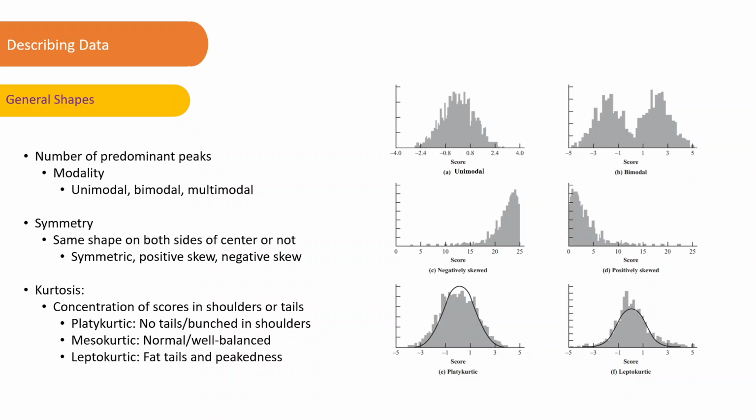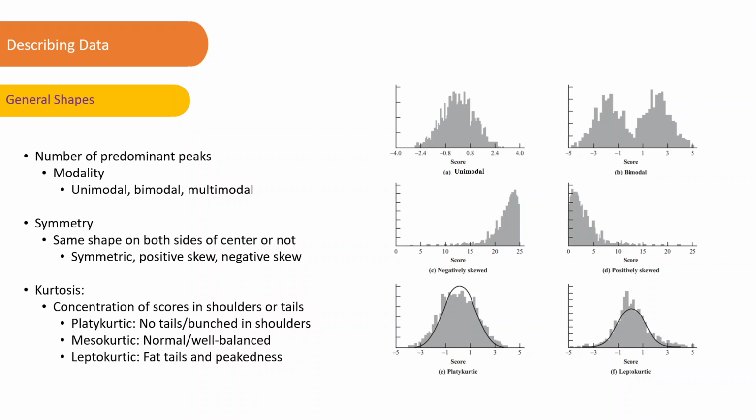When it's mesokurtic, then we would say that it's normal or well balanced, and that would be like this up here. And then when it's leptokurtic, we would say that there are fat tails, and that would be a positive kurtosis value, and that would be right here, a leptokurtic distribution where we have fatter tails.